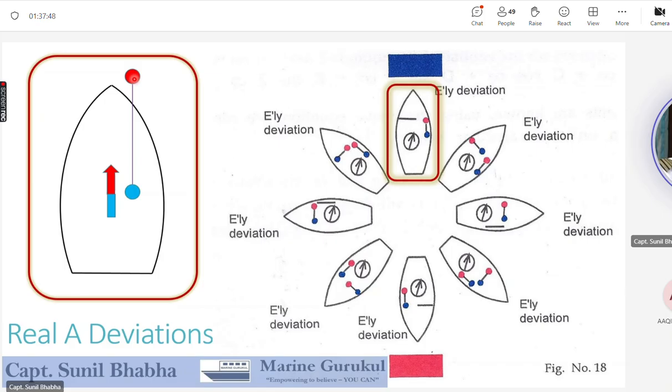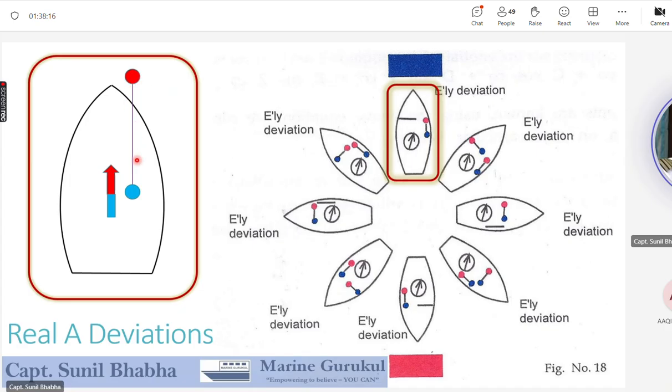It is inversely proportional to the square of the distance. It means if you increase the distance by twice, the magnetic field strength of the pole goes down by 1/4. So whenever you bring a magnet close to the compass, the particular pole which is closer has its effect on the compass.